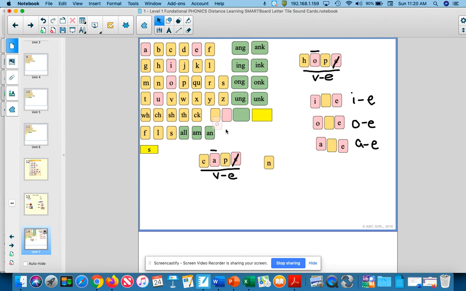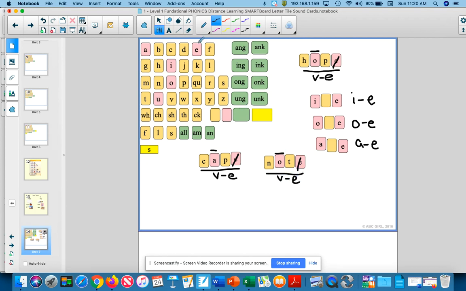N, a, t, not. Now we're going to add an E to that word, and it becomes n, o, t, note. So not became note, and that O is saying its name now because of that magic E. We mark it, cross out the E, long vowel, underline, V, consonant, E.